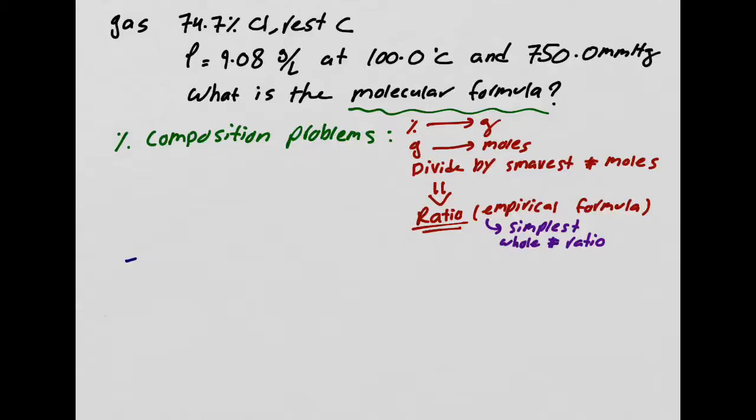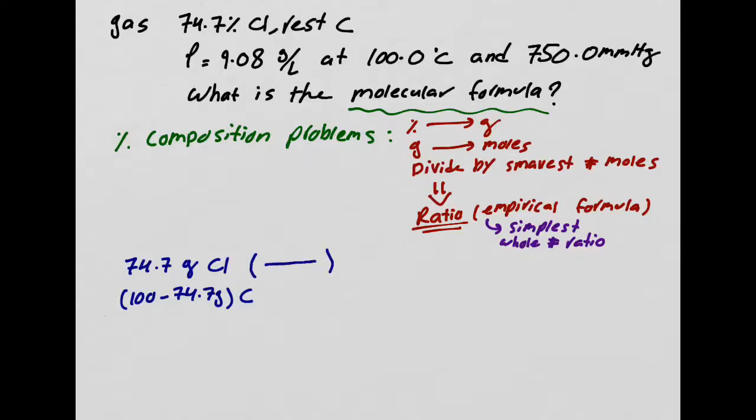So if I have 74.7%, I have 74.7 grams of Cl. Now the rest is carbon. Again, it has to add up to 100, so it would be 100 minus 74.7 grams, which tells me the grams of carbon. So percentage to gram, that was our step 1.